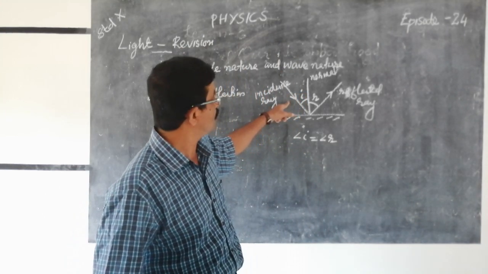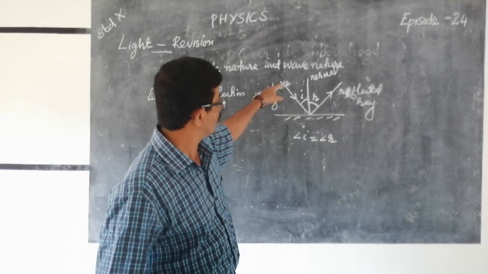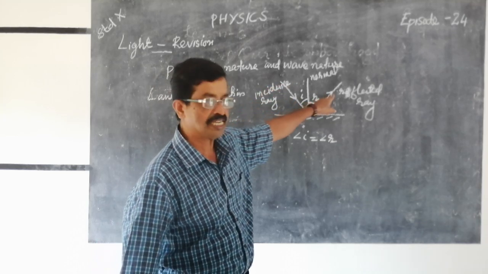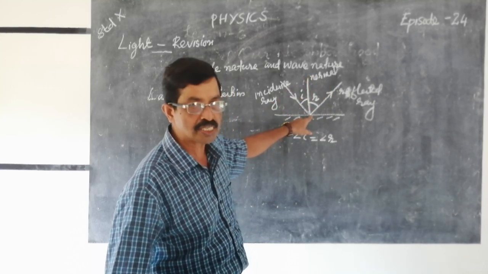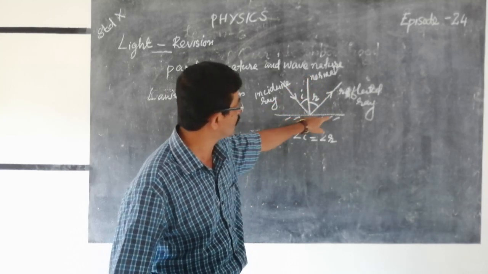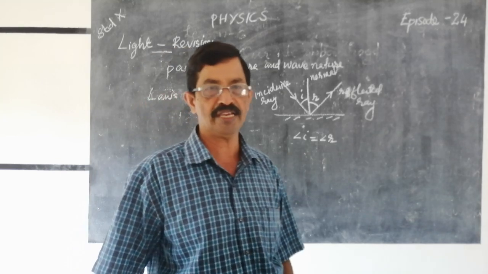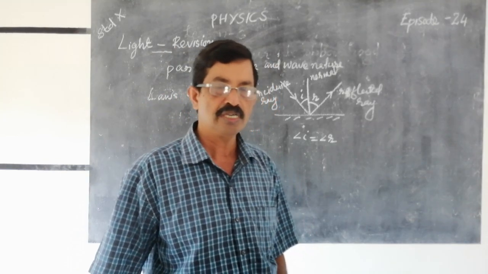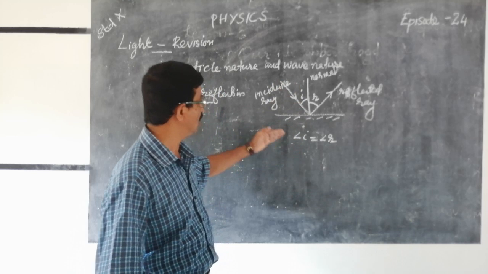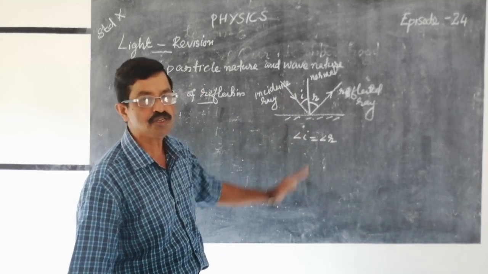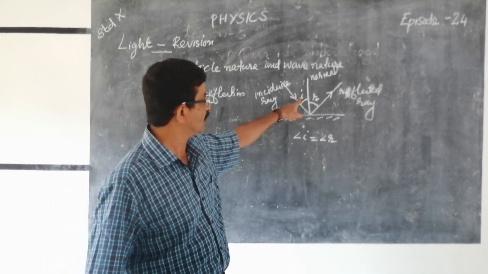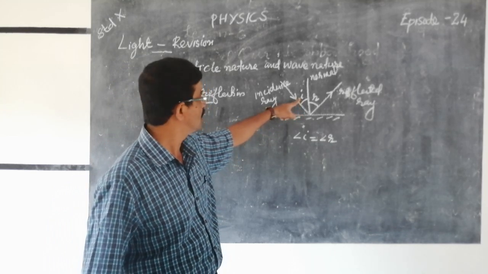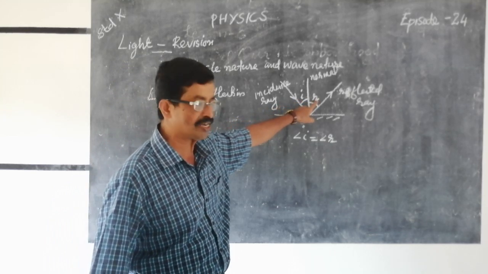And the second one: the incident ray, reflected ray, and normal drawn to the surface at the point of incidence lie in the same plane. These two laws you already studied, and just once again you remember: this is the angle of incidence and this is the angle of reflection.